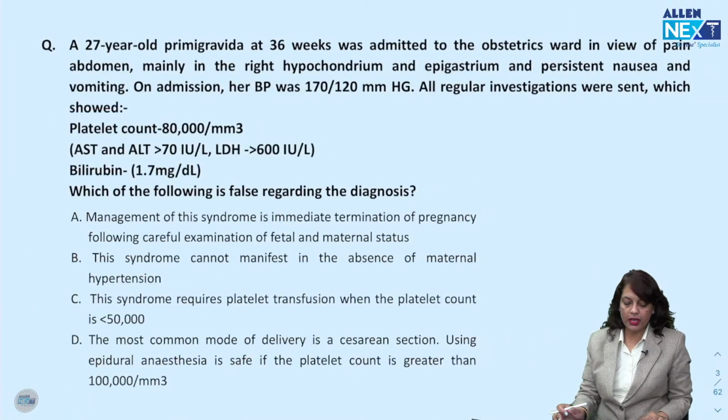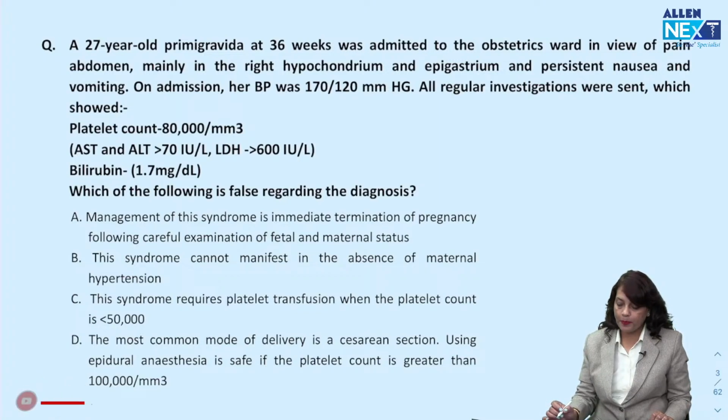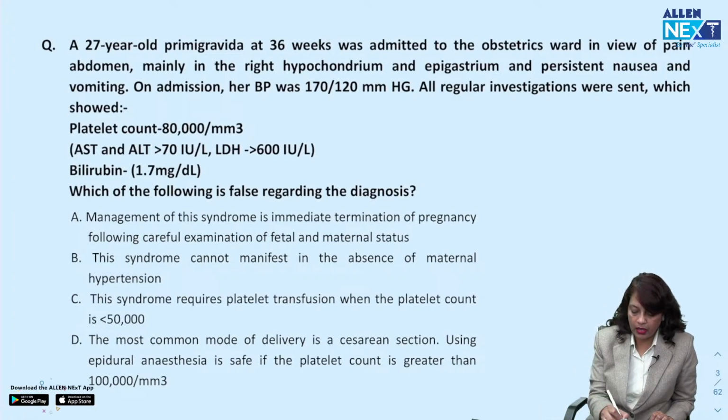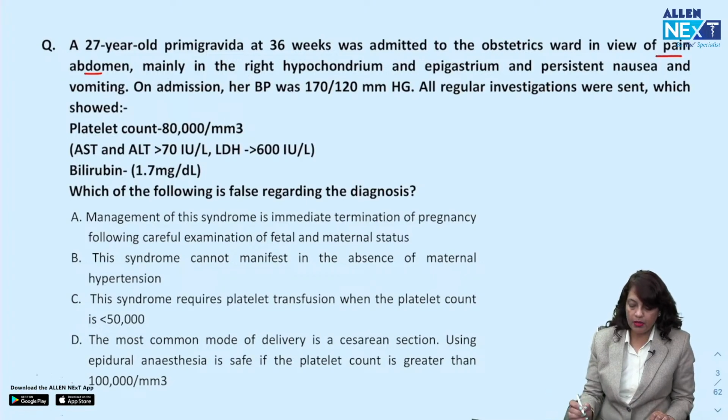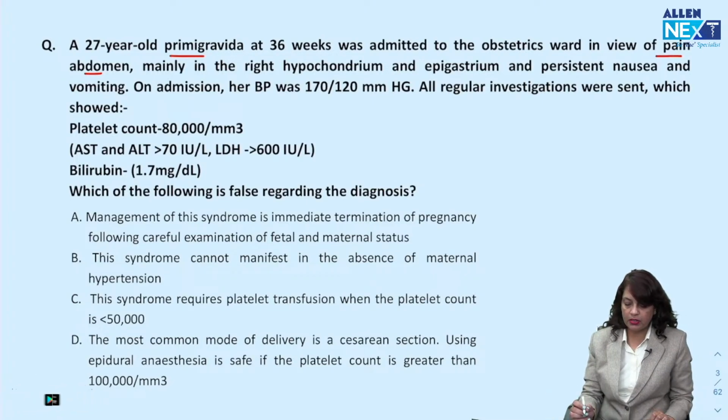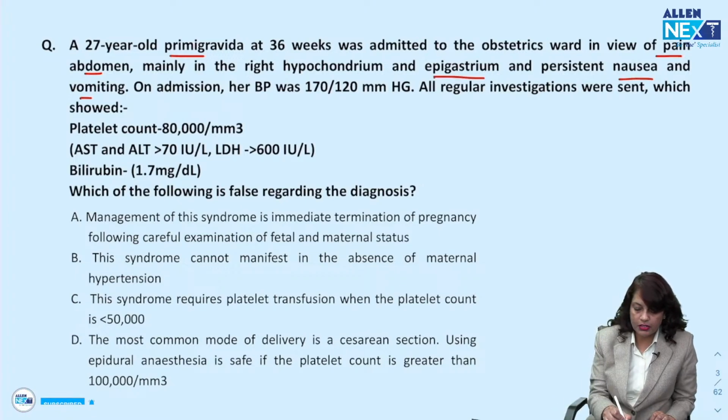So first question is, a 27-year-old primigravida at 36 weeks was admitted to the obstetrics ward in view of pain abdomen, mainly the right hypochondrium. So pain abdomen, primigravida patient, and she has pain in the epigastrium and she has nausea, vomiting.